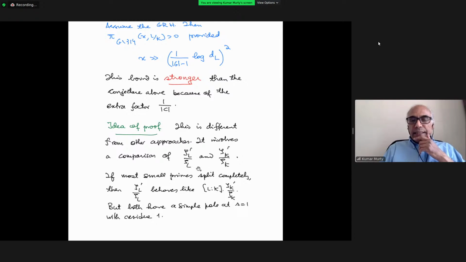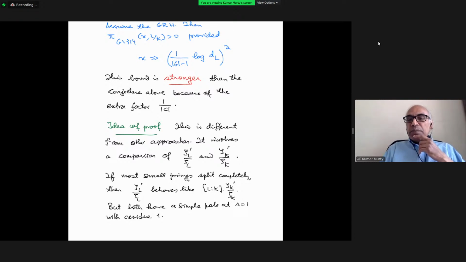And the idea is that if many small primes of k split completely, then the logarithmic derivative of the zeta function of the top field is going to look like the logarithmic derivative of the zeta function of the bottom field times the degree of the extension.